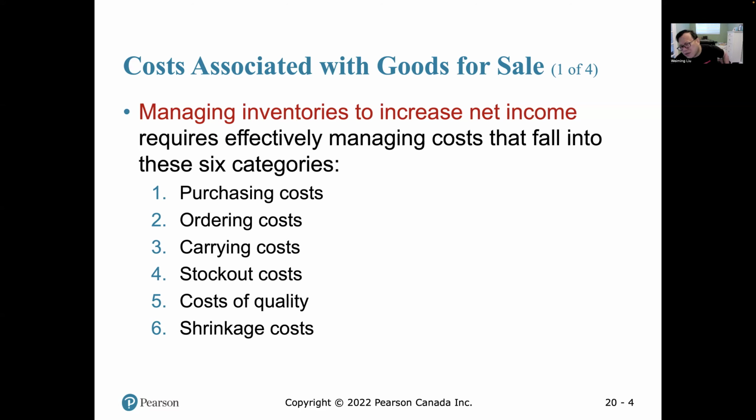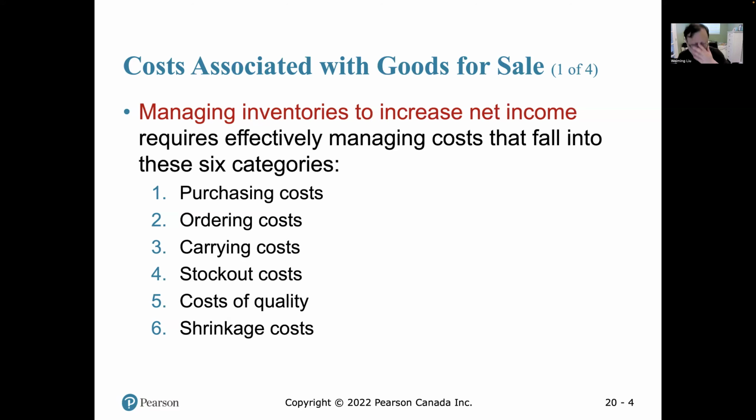So what are the costs associated with inventory management? We have 6 categories. First, purchasing cost: when you purchase, you have to pay the supplier. They won't give it to you for free. Second, ordering cost: when you place an order, you may need an ordering department, with people making orders, so there's a cost on that.